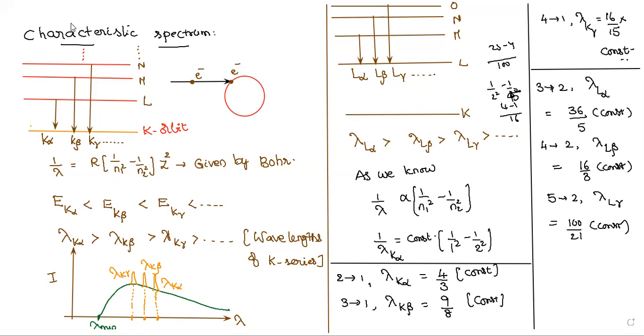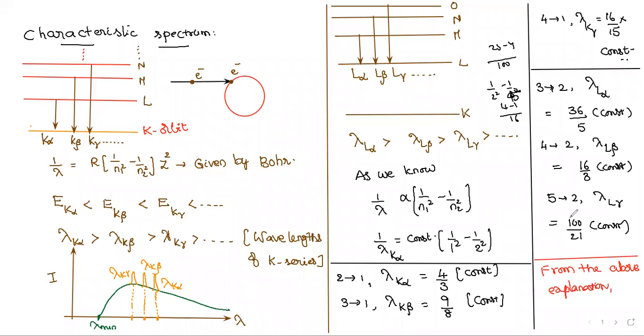So you can understand that if they give wavelengths, we can say from the above explanation that the K series alpha wavelength is less than L alpha.